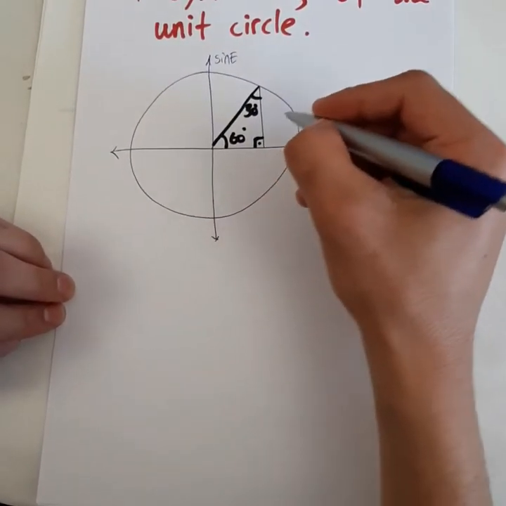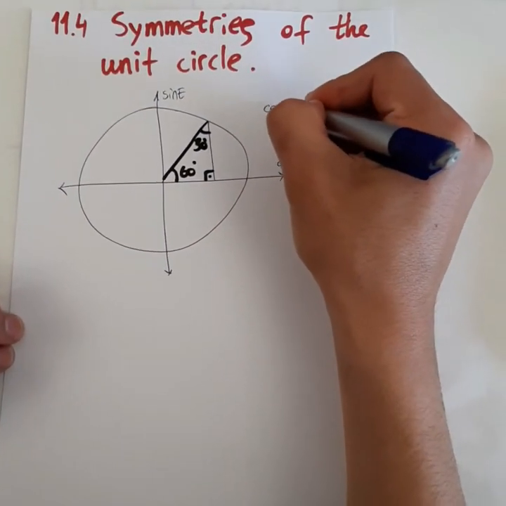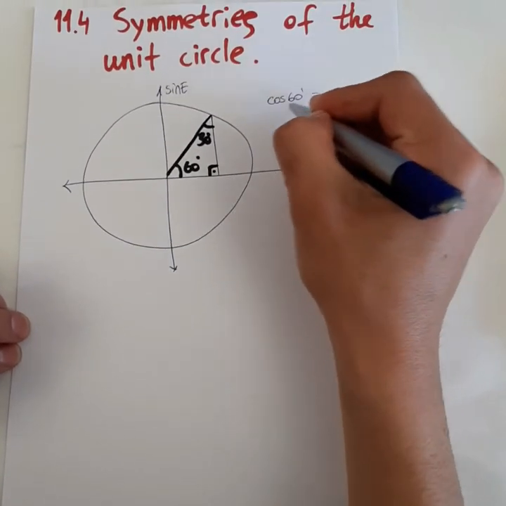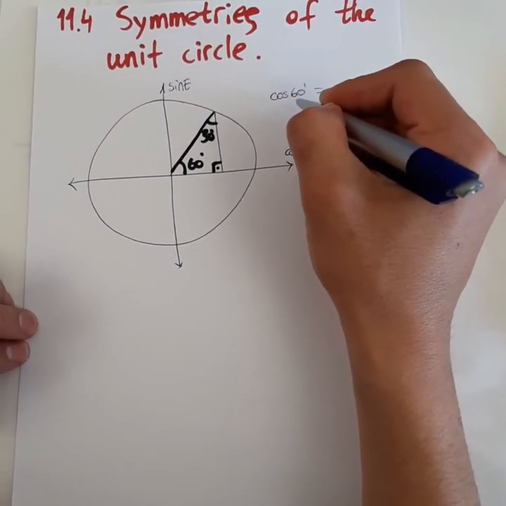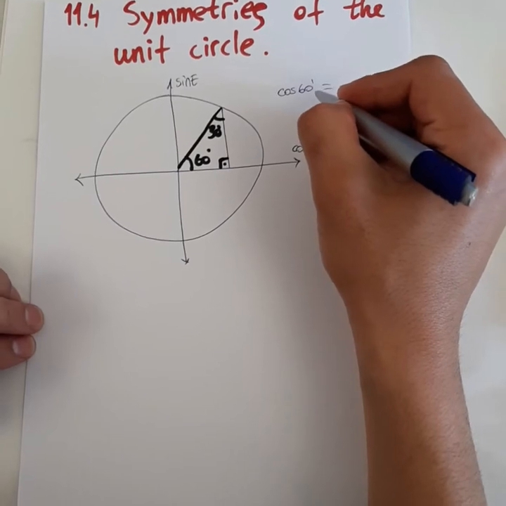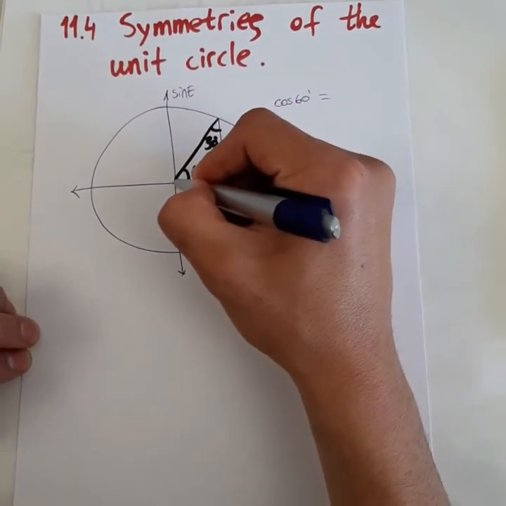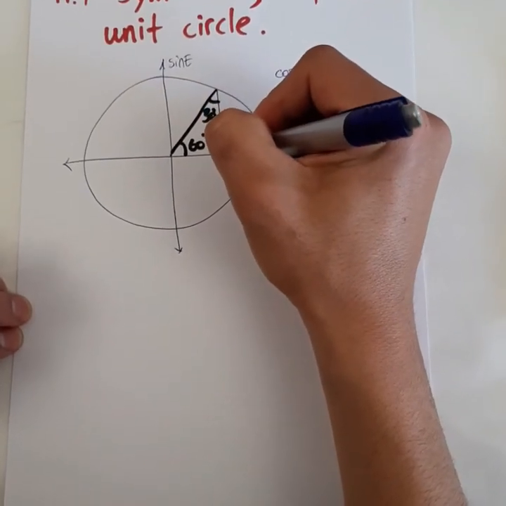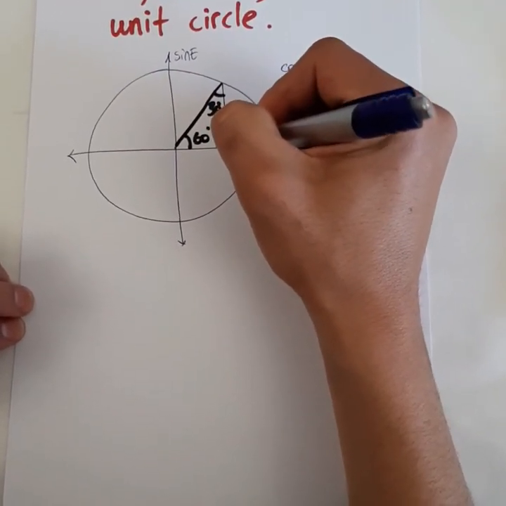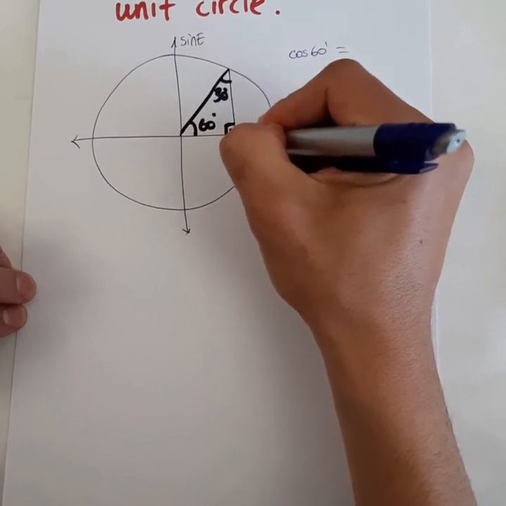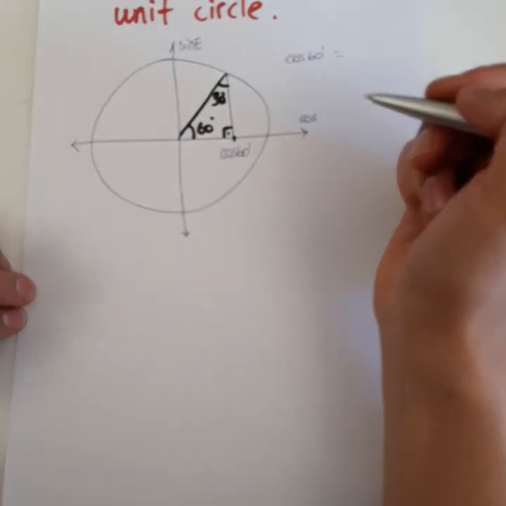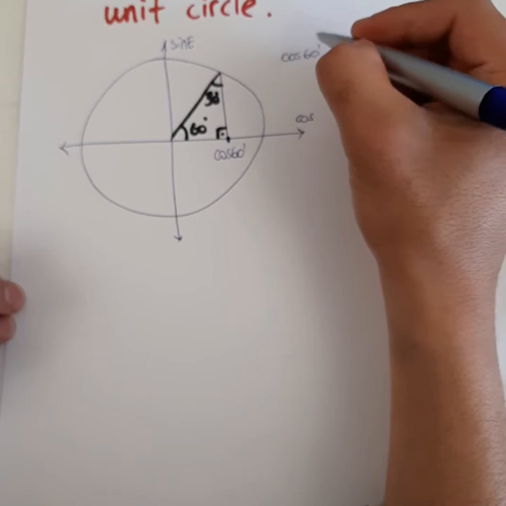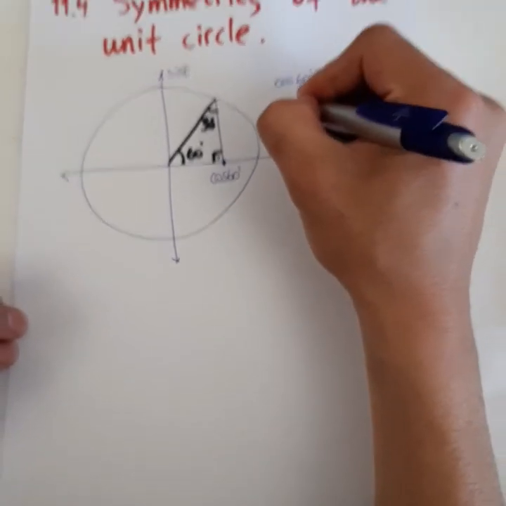So if we are asked to find the cosine of 60 degrees, what's the cosine of 60 degrees? It's here, cosine of 60. So what about the sine of 30?